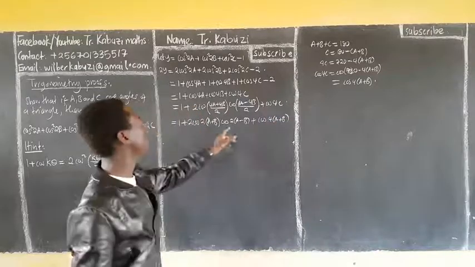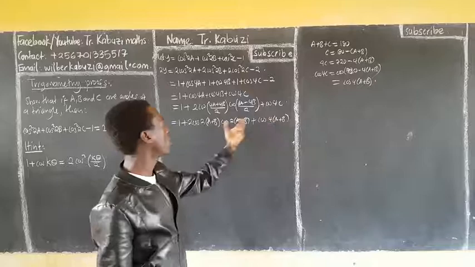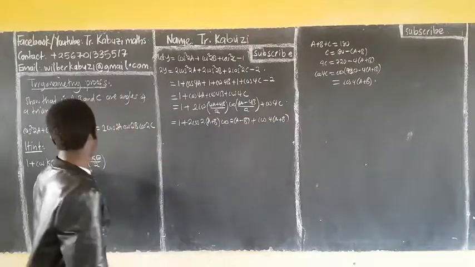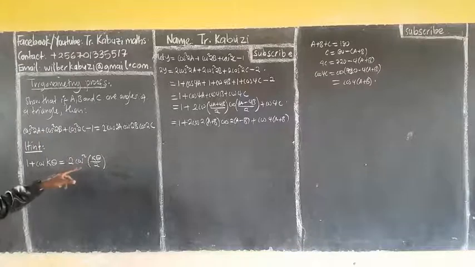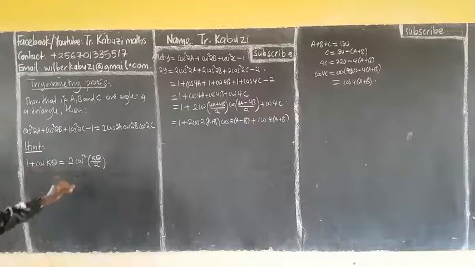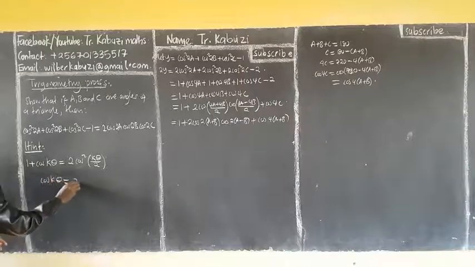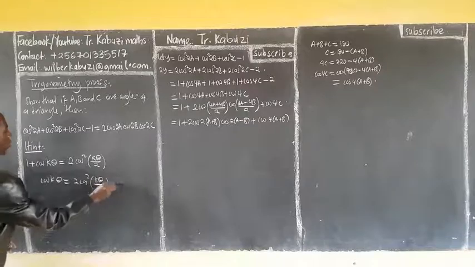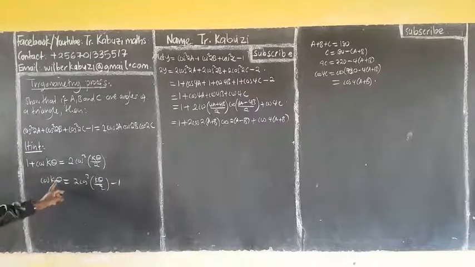Now since I have cos of a double angle, I remove this double angle using the idea of the double angle, of course. If I have this double angle, start from here: cos k theta will be 2 cos squared k theta over 2 minus 1. So if I want to remove this, I just divide this angle by 2.